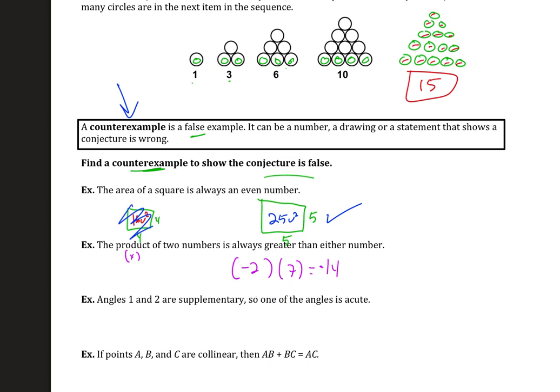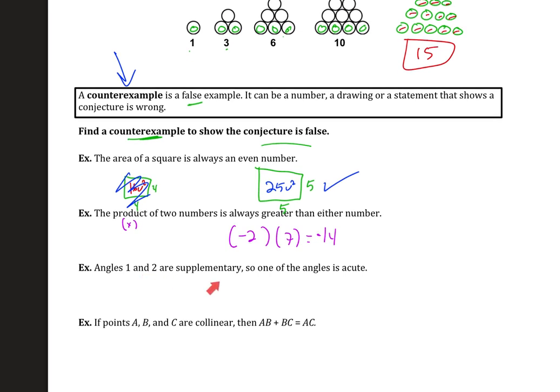Good counterexample. Angle 1 and angle 2 are supplementary, so one of them is acute. So first, let's draw 2 angles that are supplementary. So if I draw literally a straight line, and I draw it like this, then yes, angle 1 and angle 2, they are supplementary. Unfortunately, one of these angles, angle 2, is acute.